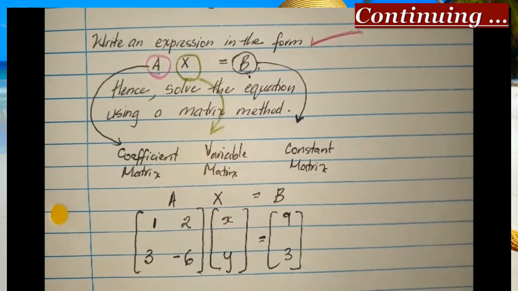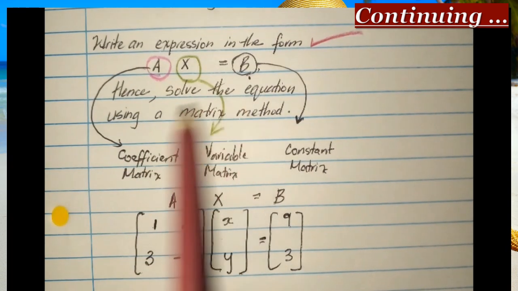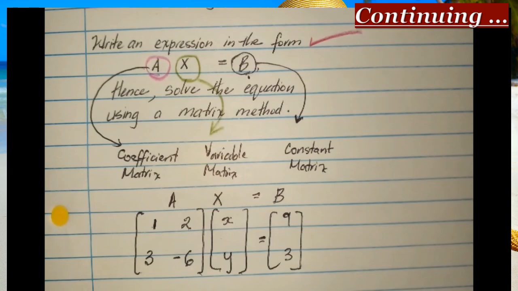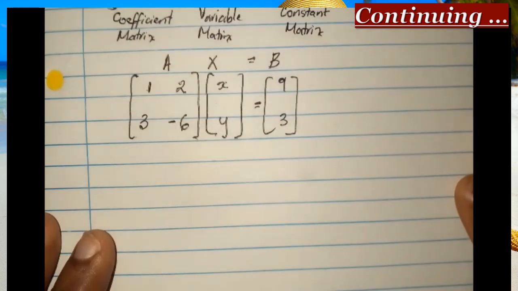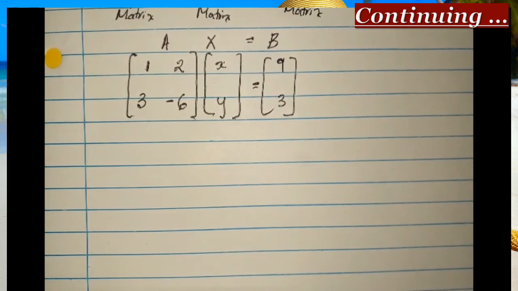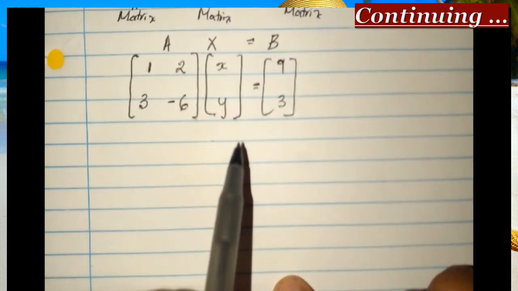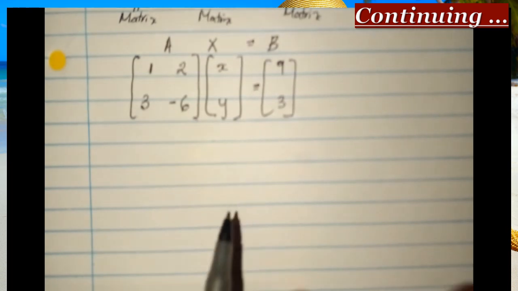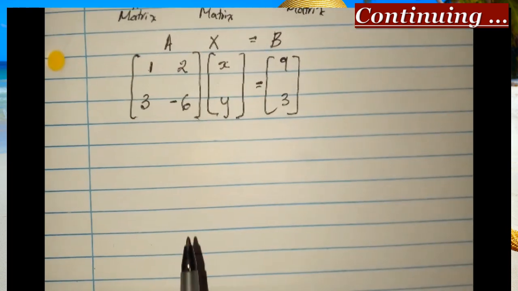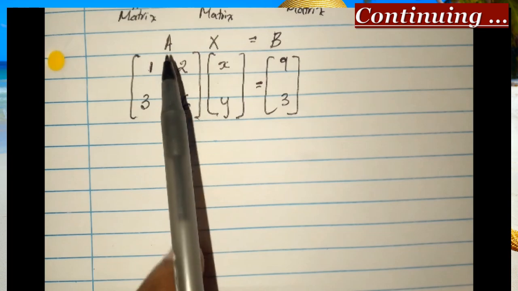The next part says that we need to solve the equation using the matrix method. So we're going to try that. If you notice, we need to solve for the variables, which is the variable matrix. And notice that the variable matrix is being multiplied by the coefficient matrix.